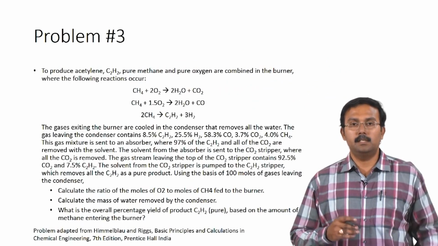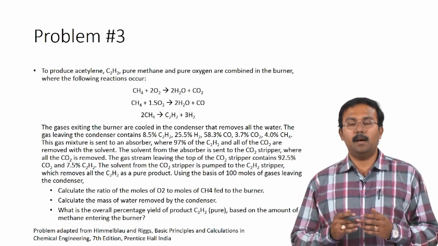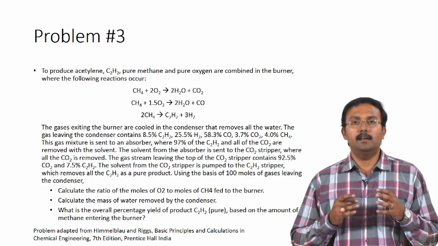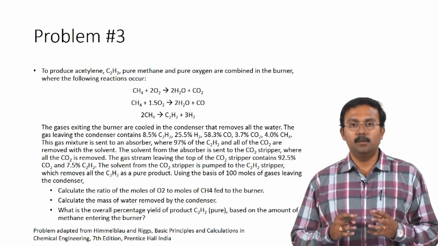So, this is the problem. Here we have multiple reactions which are happening in parallel and there are also multiple units which are present in the system. So, let us look at this problem.